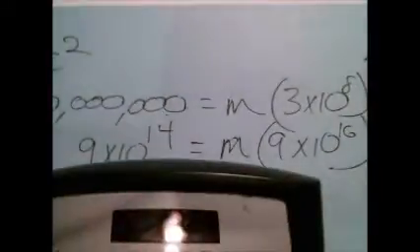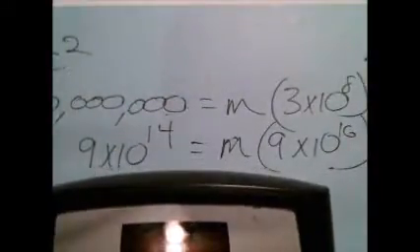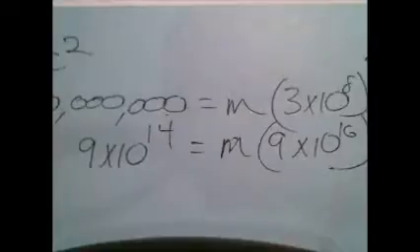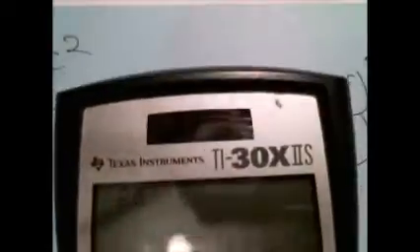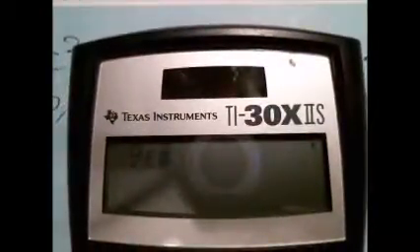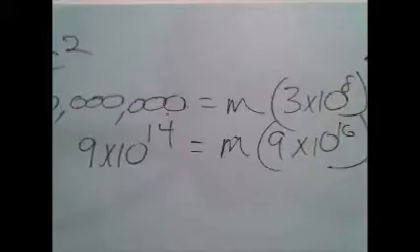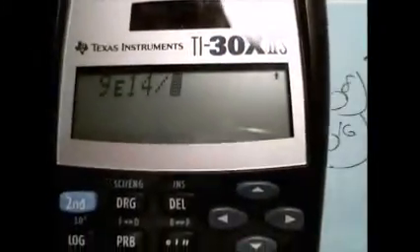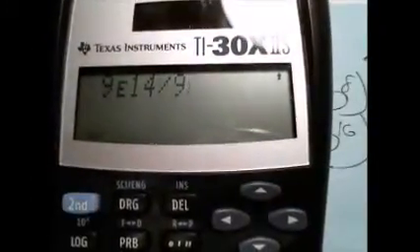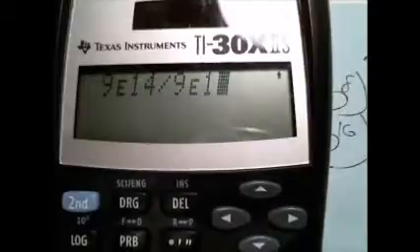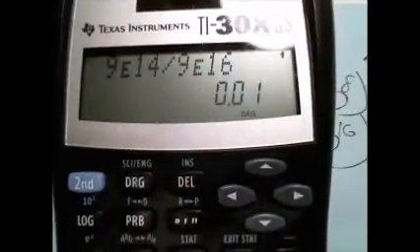Type that into the calculator. 9 EE 14 divided by 9 times 10 to the 16th, 9 EE 16, equals 0.01.